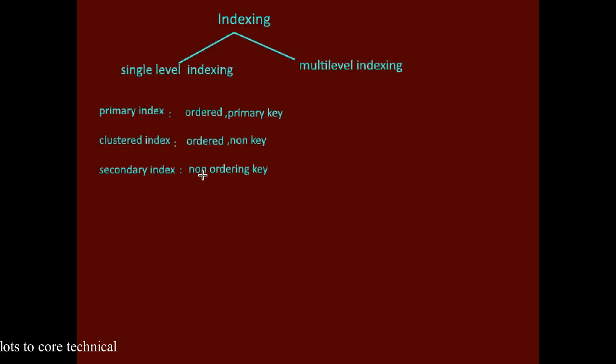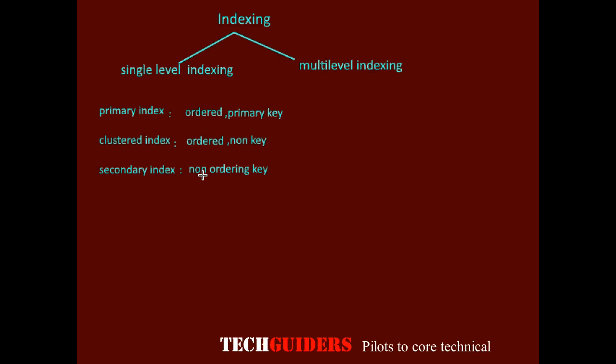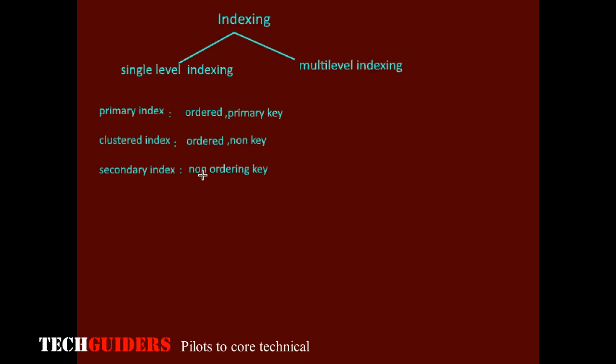But we know that a single database file can be ordered on just one attribute or one field. All the other fields will be acting as the non-ordering field. And if more queries are based on the non-ordering fields of the file, then for the fast retrieval of the record based on such queries, we can maintain a secondary index on those non-ordering fields.